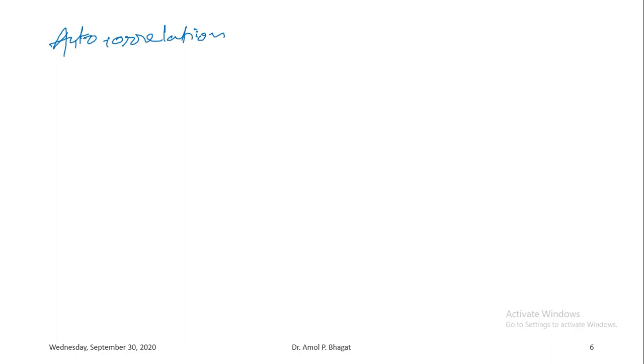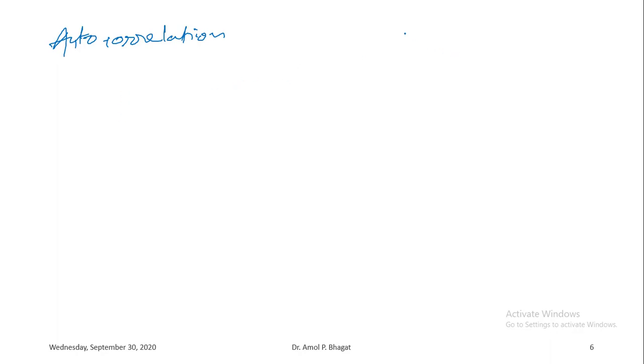I already gave that example: if you compare your own photograph with your photograph taken at a different time, that can be considered autocorrelation, and if you compare your photograph with another person's photograph, it can be considered cross correlation.